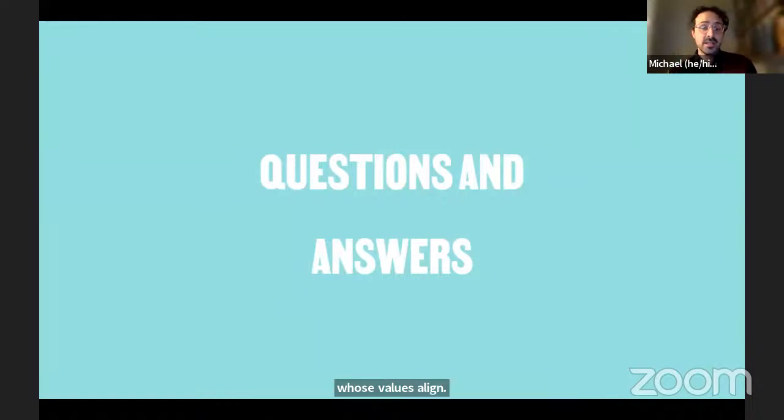We only work with orgs and artists whose values align with ours, as R.I.S.E does overwhelmingly. And I would encourage you to take that lens or consider it when potentially engaging with a fundraising entity.